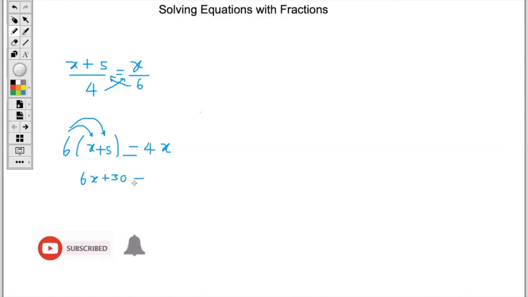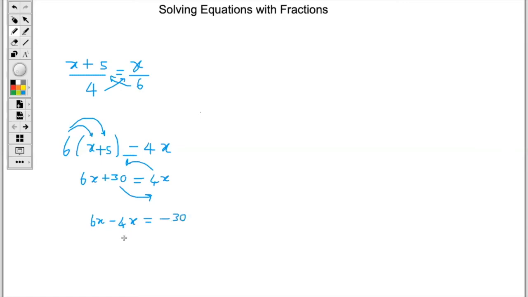Now we need to carry the 4x over the equal sign. And also 30 needs to be carried over the equal sign. So I'm grouping like terms. So the 6x grouped with the 4x becomes minus 4x because it went over the equal sign. So there's a change of sign.